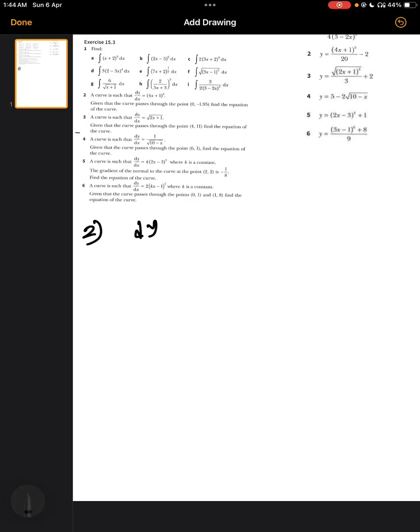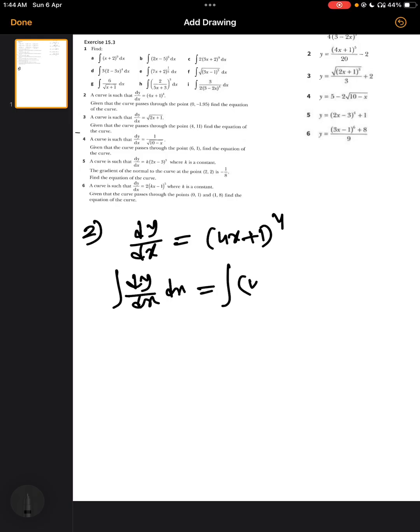Okay, so the differentiation result is given like (4x plus 1) to the power 4. Now integrating both sides here: 4x plus 1 to the power 4 dx.